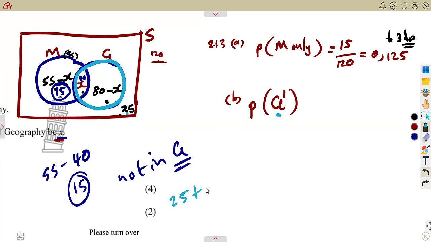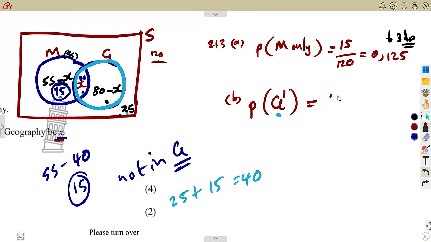The sum of these two was going to give us 40. So there are 40 learners who do not do geography. They're outside of G: those who take maths only and those who do not even take one of these subjects together. So that was going to be 40.